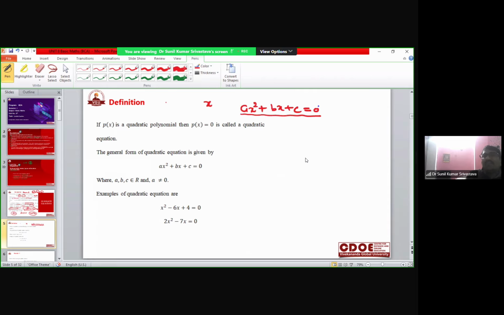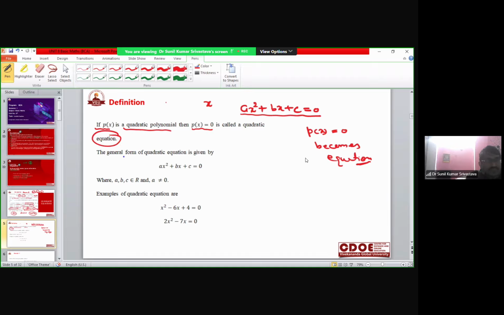When any polynomial p(x) is equated to 0, it becomes an equation. So if the polynomial p(x) is a quadratic polynomial, then the expression p(x) equal to 0 is known as the quadratic equation.